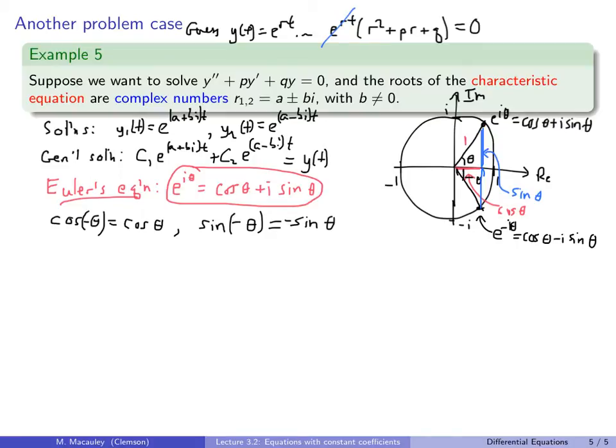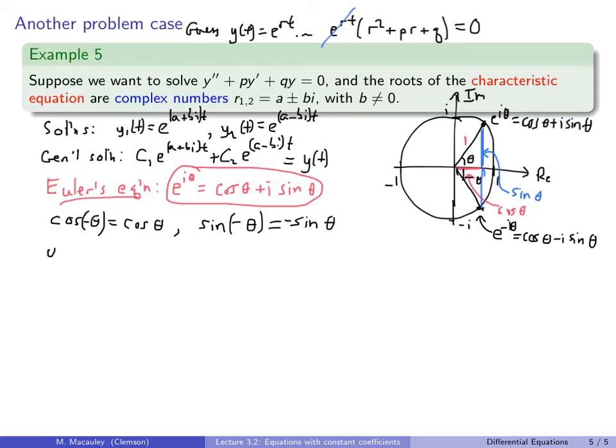To summarize, the difference between theta and negative theta is a reflection across the real axis that does not change the x value, that does not change the cosine value, but it flips the sign of the imaginary value. Okay, so given this, let's rewrite our solutions y1 and y2 using Euler's equation.